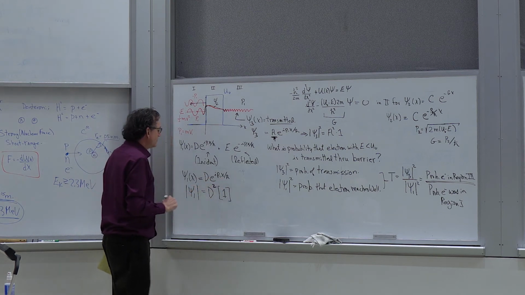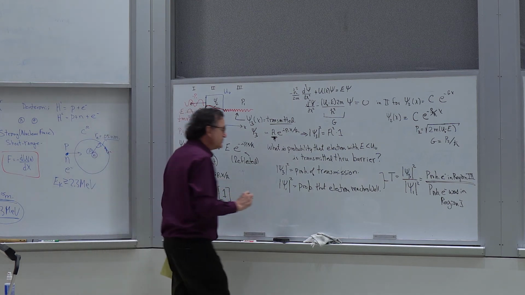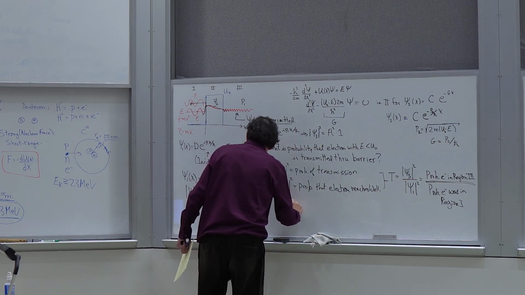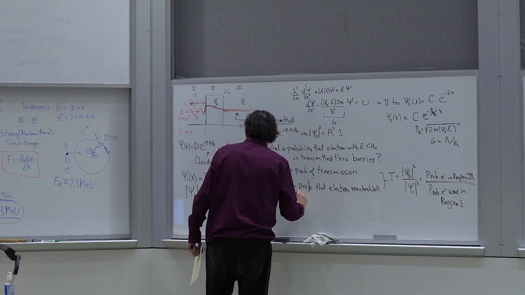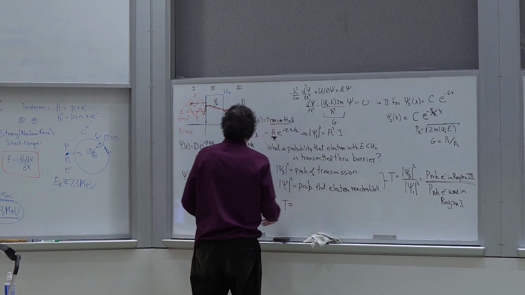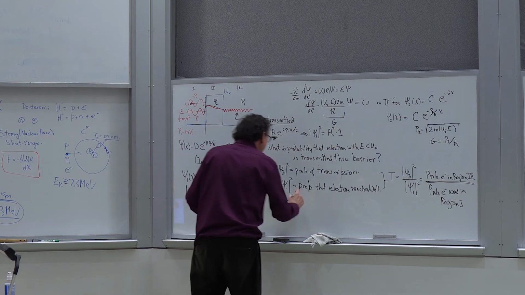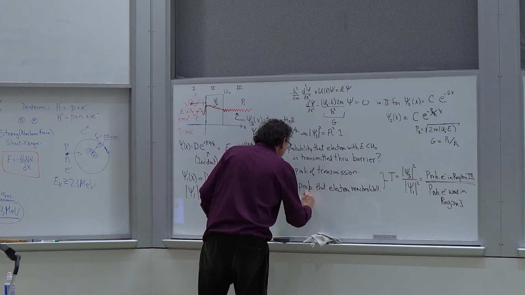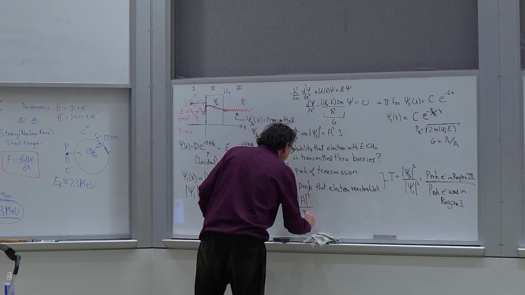This part is equal to 1. So now the transmission is equal to what we would call psi 3 squared, which in this case is a squared divided by d squared.